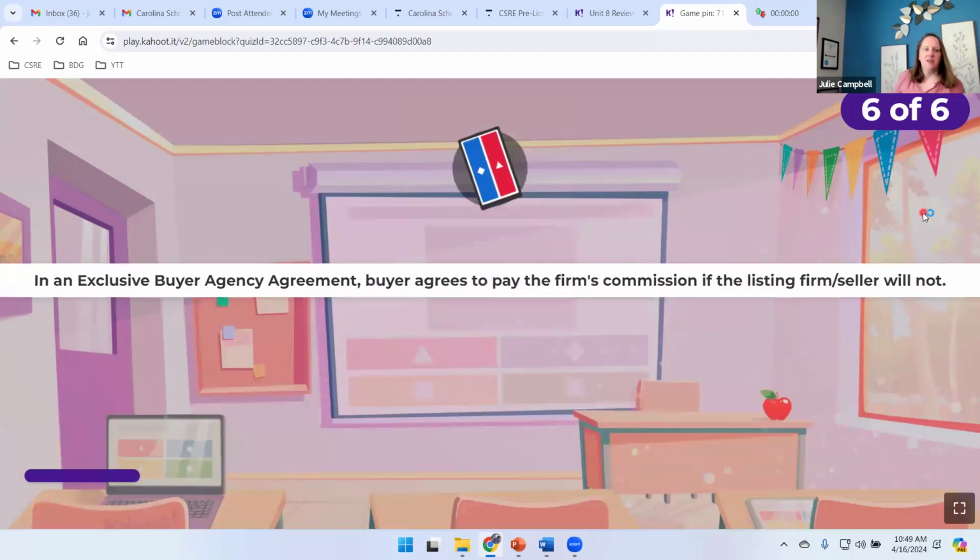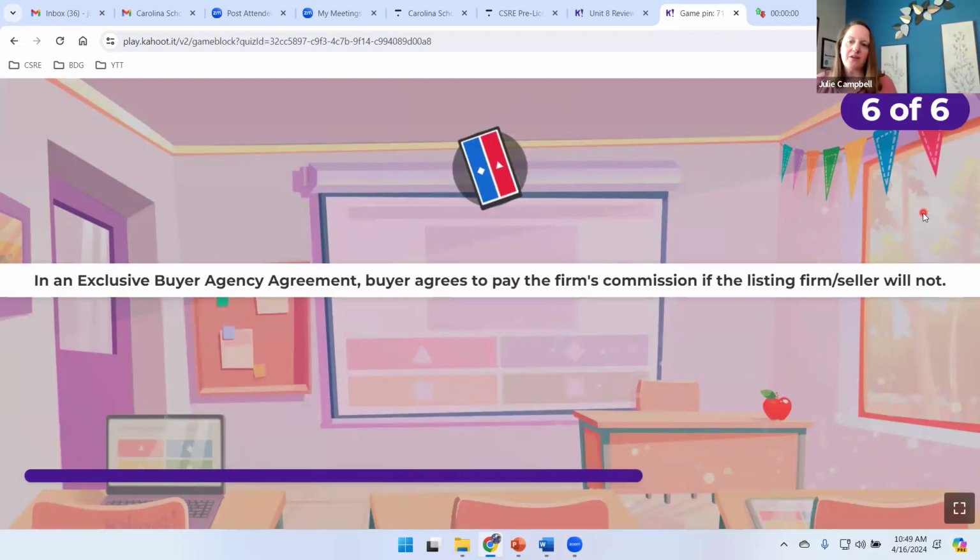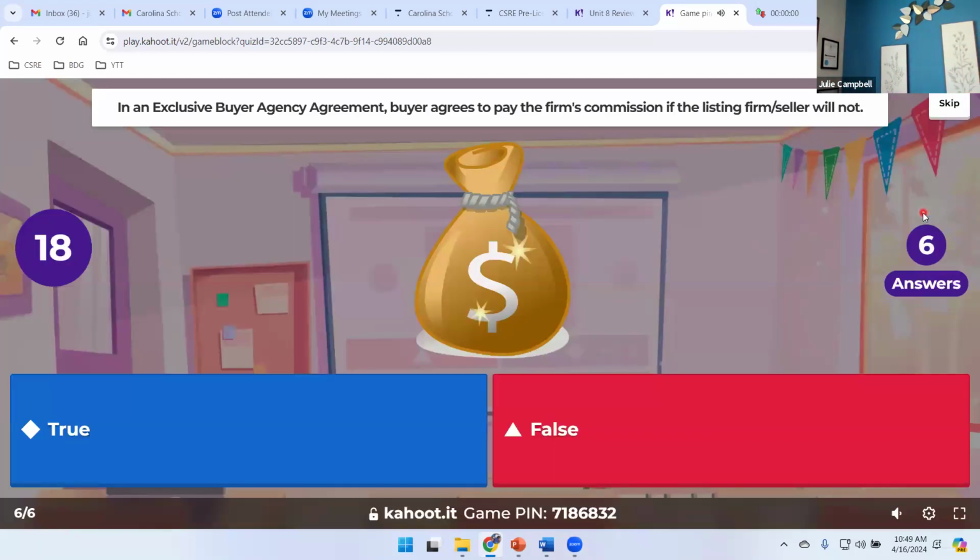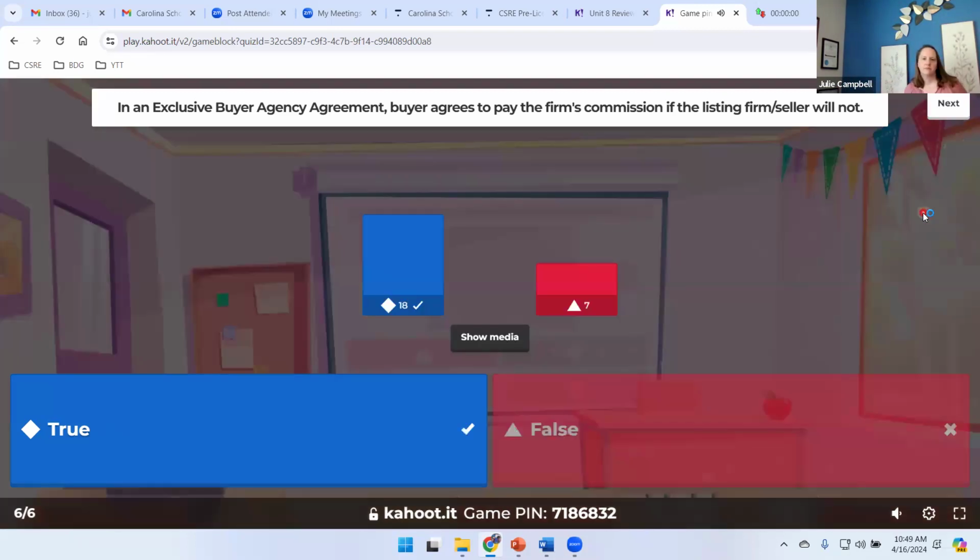Last one. In an exclusive buyer agency agreement, the buyer agrees to pay the firm's commission if the listing firm or seller will not. Exclusive buyer agency.